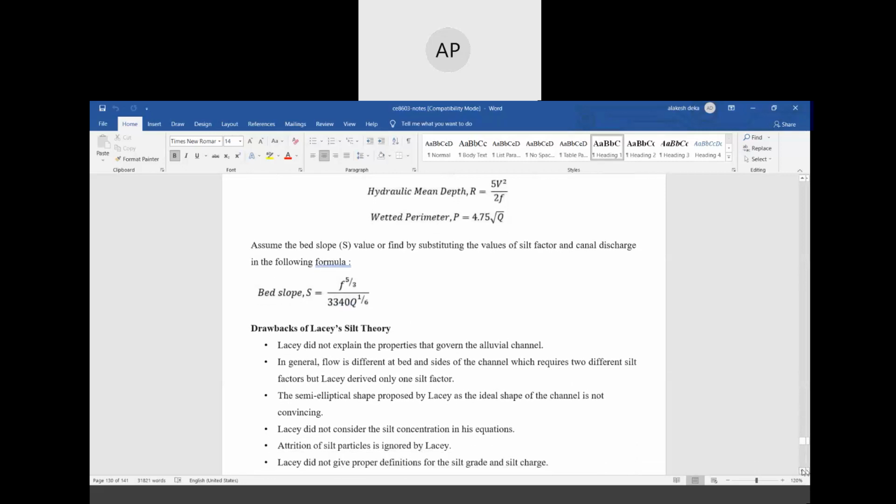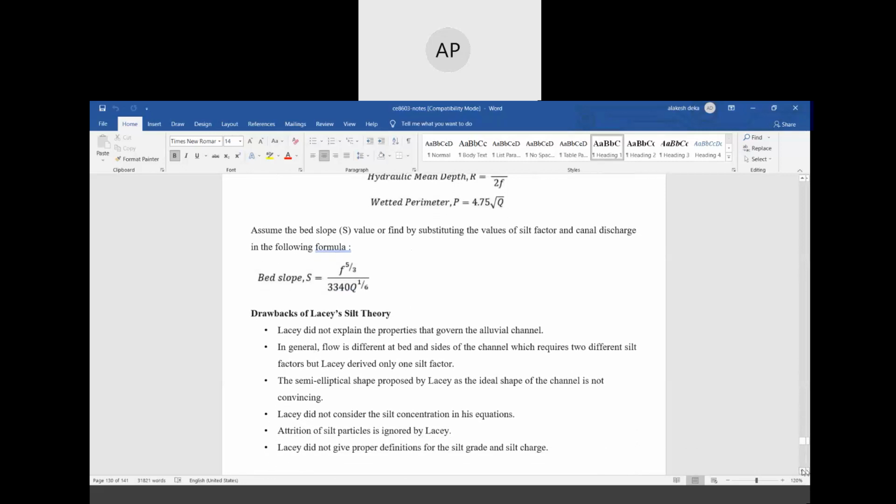And there are some drawbacks of Lacey's silt theory. What are the drawbacks? Lacey didn't explain the properties that govern the alluvial channel. Although Lacey gives some ideas about slope and different sizes of particle, he cannot give the explanation of all the properties of an alluvial channel.